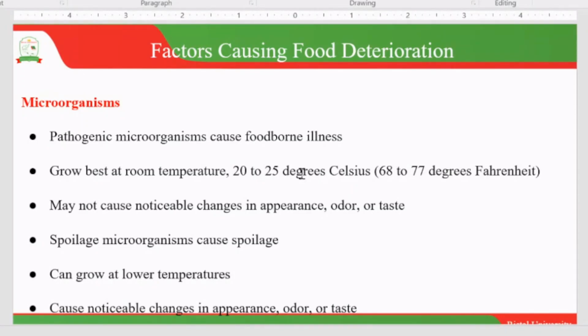The common ones we understand include salmonella, etc. We are also looking at these microorganisms causing spoilage, and since most of them grow at lower temperatures, remember when we talk of preservation, we could inactivate them using the freezing method. These microorganisms cause noticeable changes in the appearance, odor, and also the taste of the different foodstuffs.